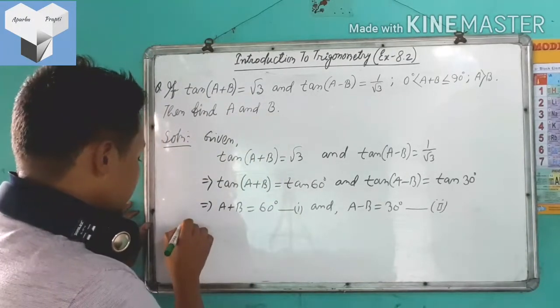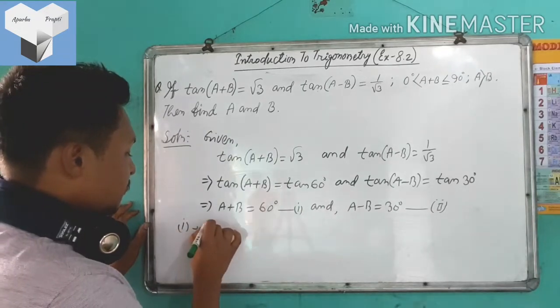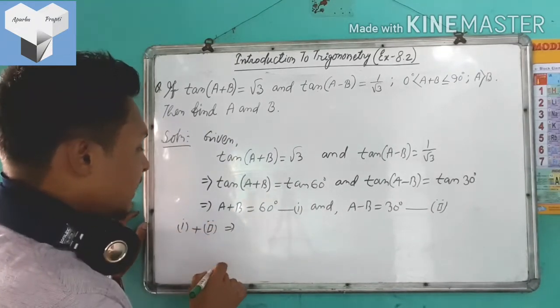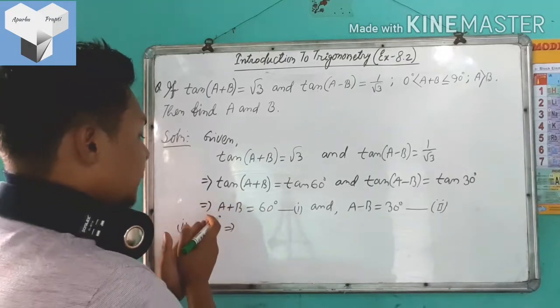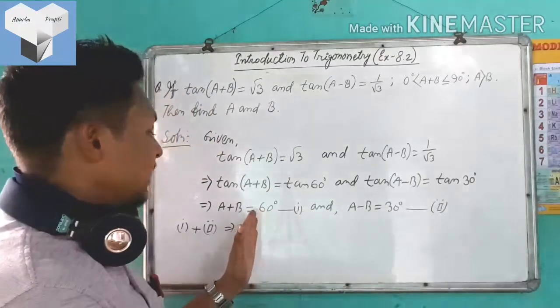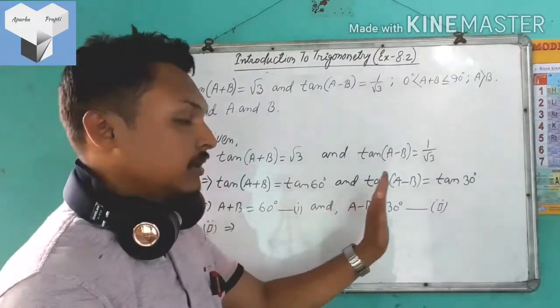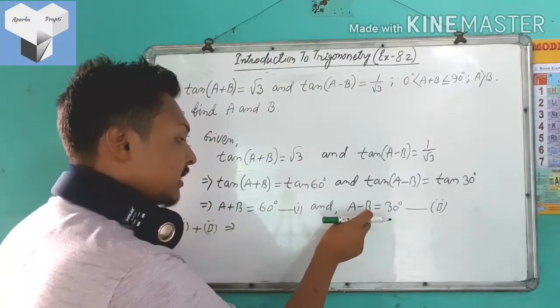So for this, let us add equation 1 and 2. When we add equations, the left hand side of one equation is added to the left hand side of the other equation, and the right hand side is added to the right hand side of the other. Here a plus b is on the left hand side and a minus b is also on the left hand side.